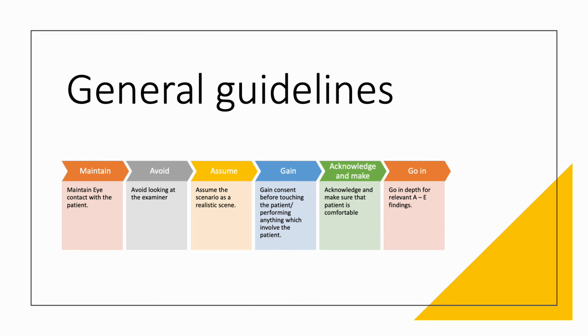If the patient has seizures, you will go more in depth into the ABCPU. If the patient came with pyelonephritis, you will go more in depth into the urine part. If the patient comes with a respiratory problem, you will go more in depth into the breathing aspect. So just be careful of what you are doing.